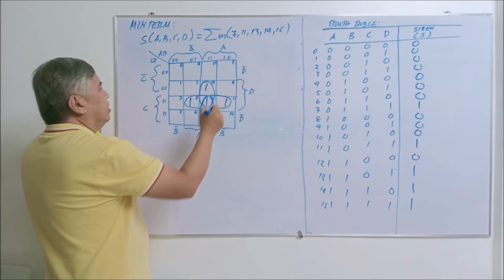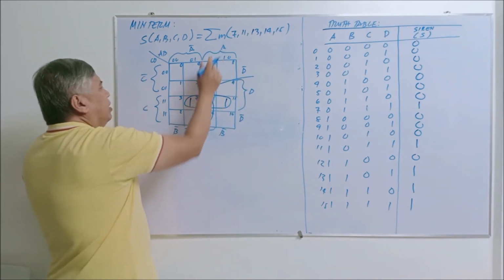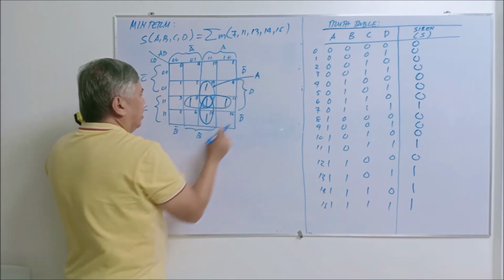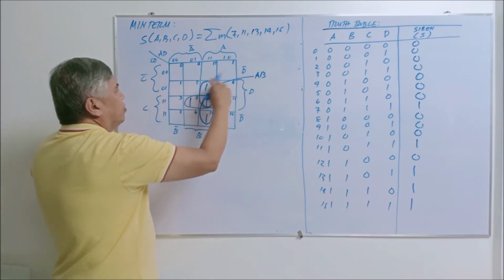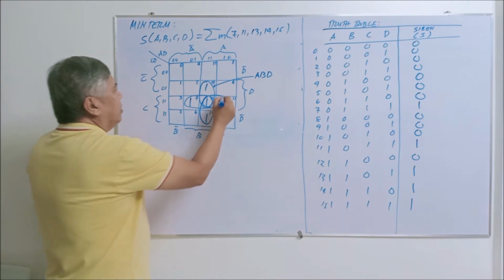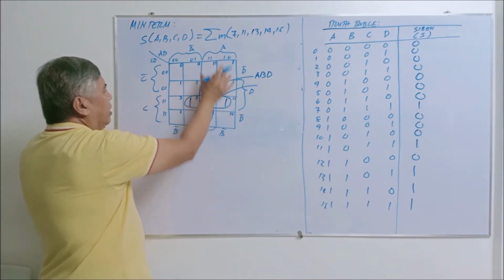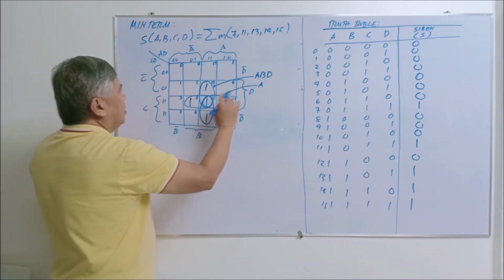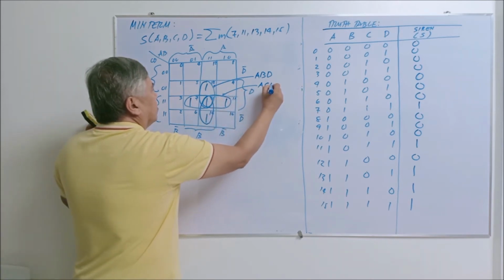So, in this case, what will be our equation? This one here belongs to A, then it belongs to B, and it belongs to D. Okay? And then this one here belongs to, again, A, belongs to C, and belongs to D. Okay?